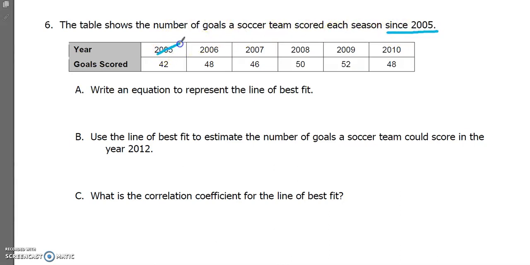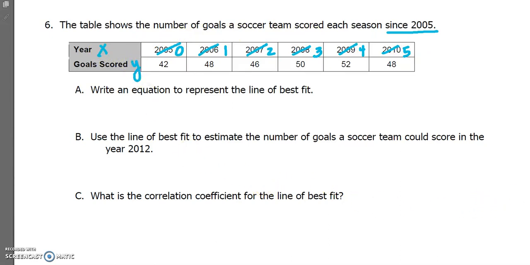So 2005 would basically be the beginning year, so that's going to be 0. 2006 is 1 year from 2005. 2007 would be 2 years since 2005. 2008 would be 3 years since 2005, and so on. So this would be 4, and this would be 5. So this represents our x, and the goals scored would represent the y.